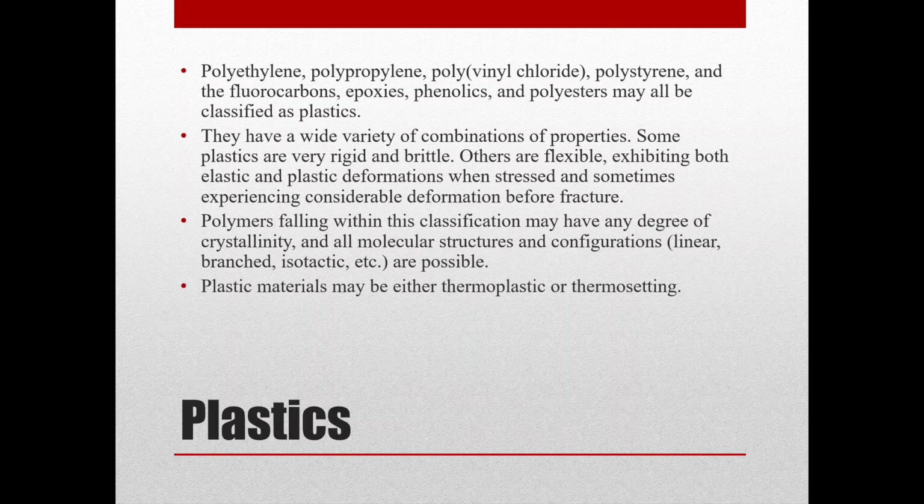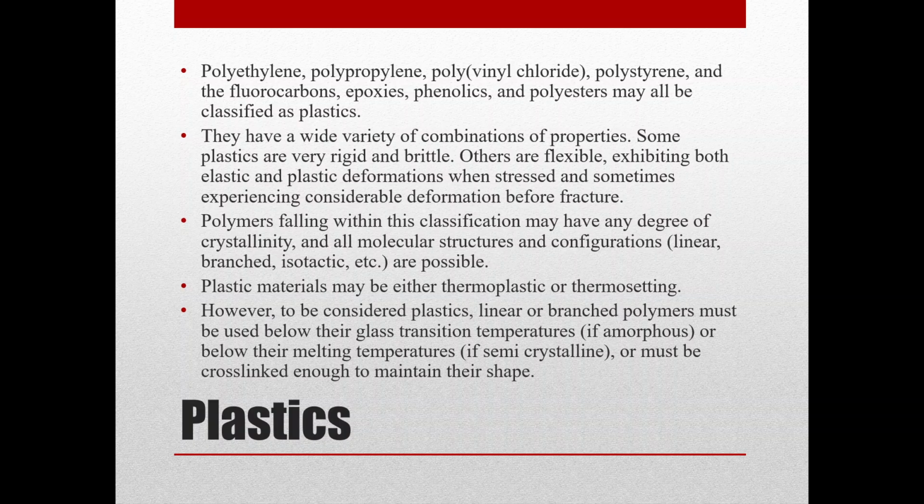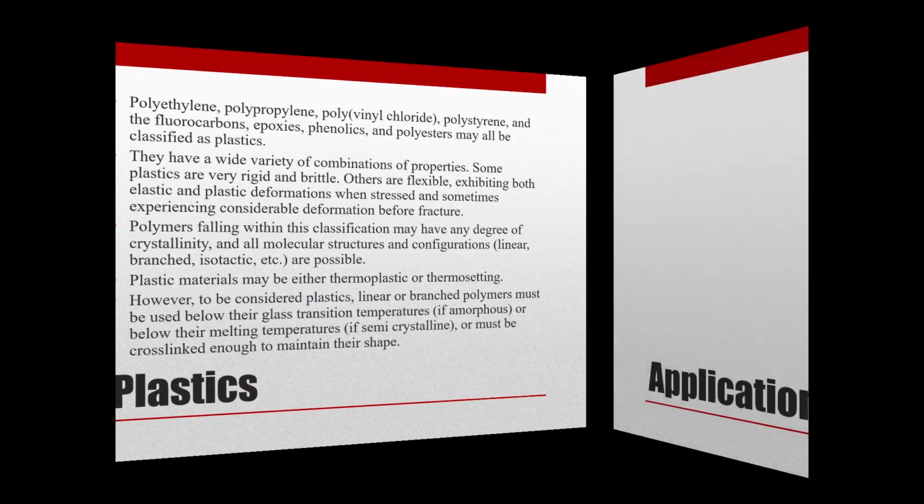So plastic materials may be either thermoplastic or thermosetting. However, to be considered plastic, linear or branched polymers must be used below their glass transition temperatures if amorphous, or below the melting temperatures if they are semicrystalline in nature, or must be cross-linked enough to maintain the shape. So, this is about plastics.